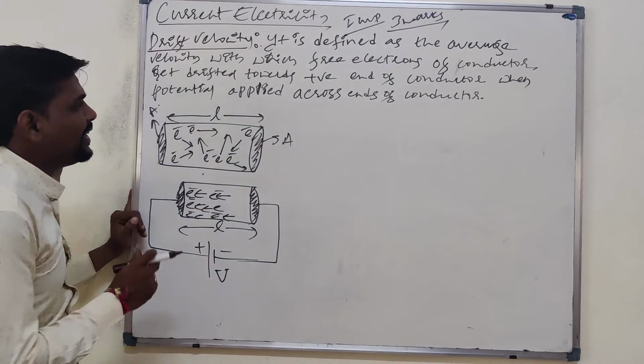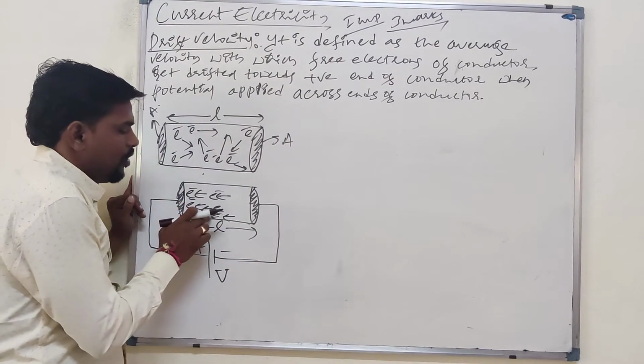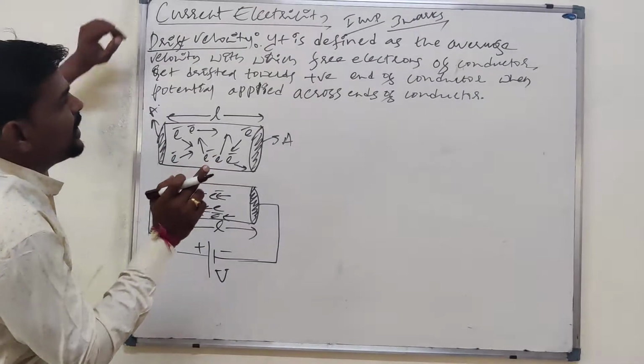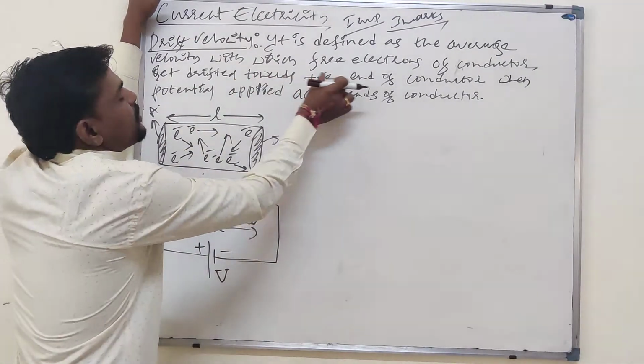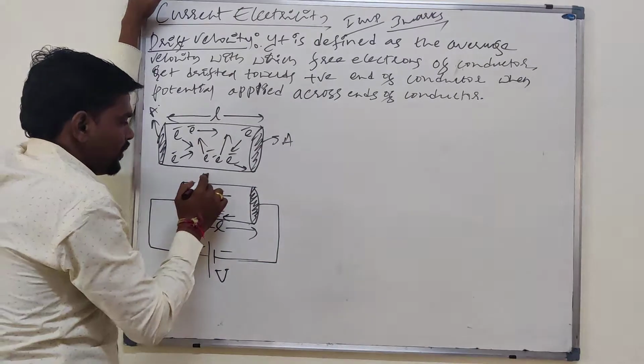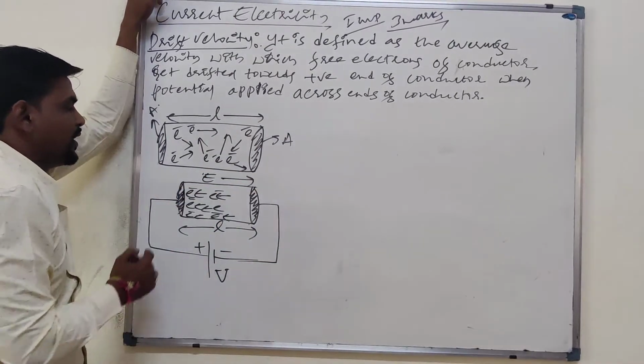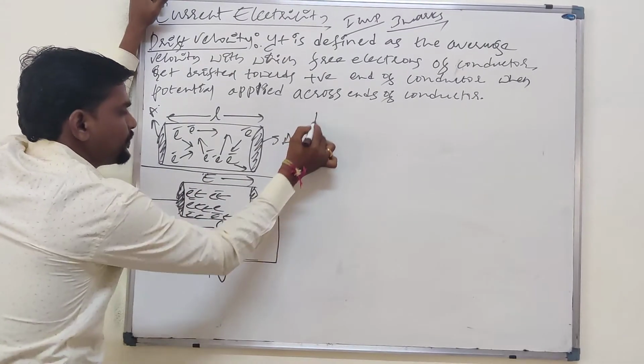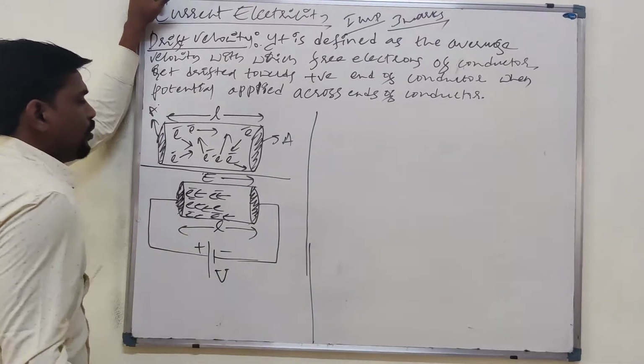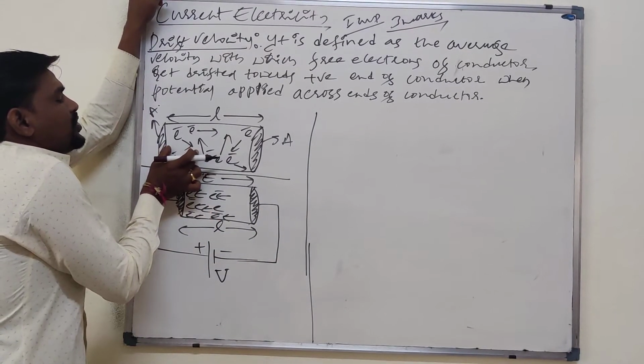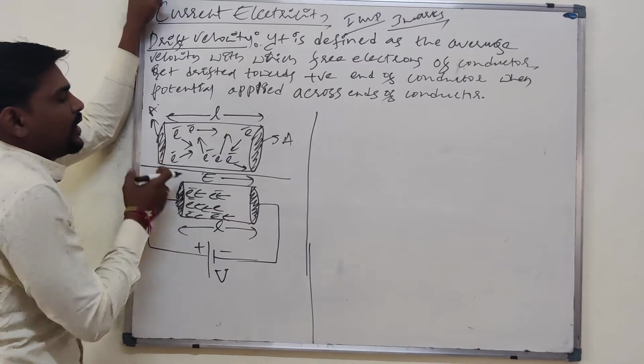See, all these electrons drift towards the positive end of the conductor. Before giving the potential difference, what was there? Random motion.